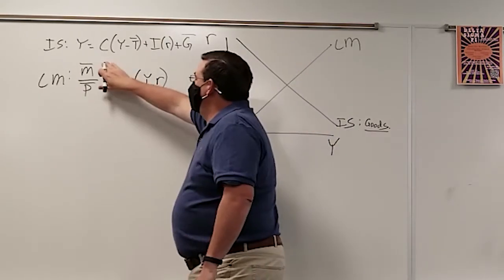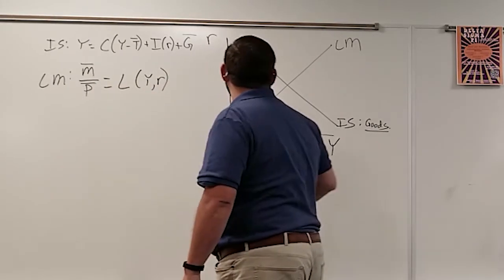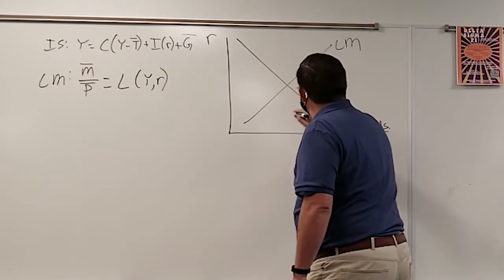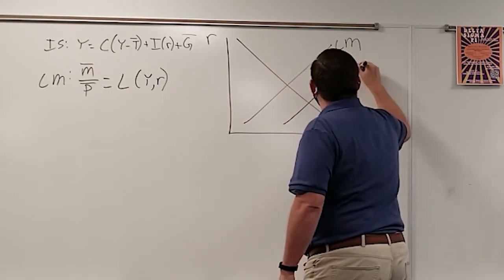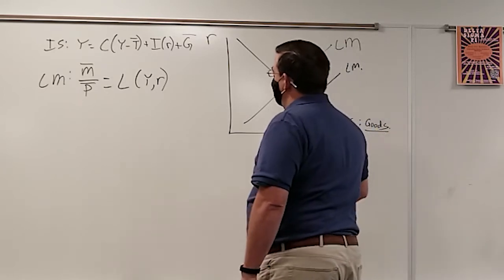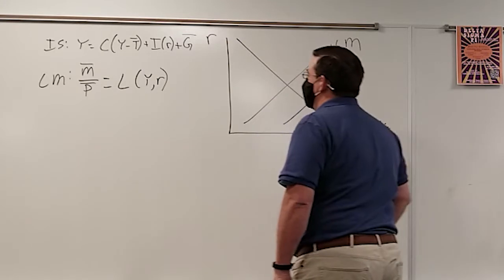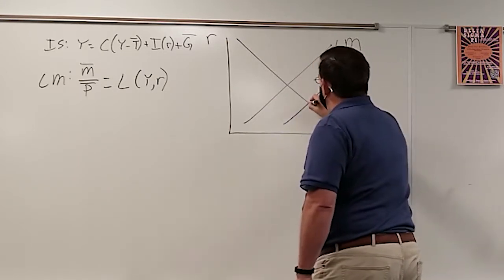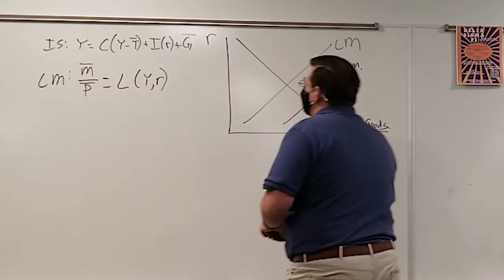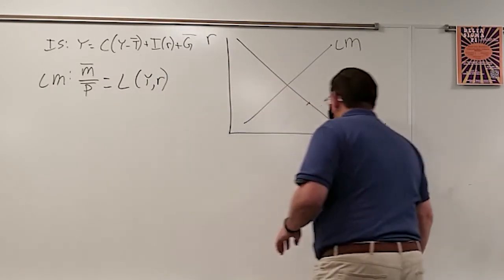A higher M should be met with a higher Y and a lower R. So if M goes up, the LM curve shifts like this. Right? And that would be consistent with a higher Y and a lower R in equilibrium. Okay, so we have our endogenous and our exogenous elements.